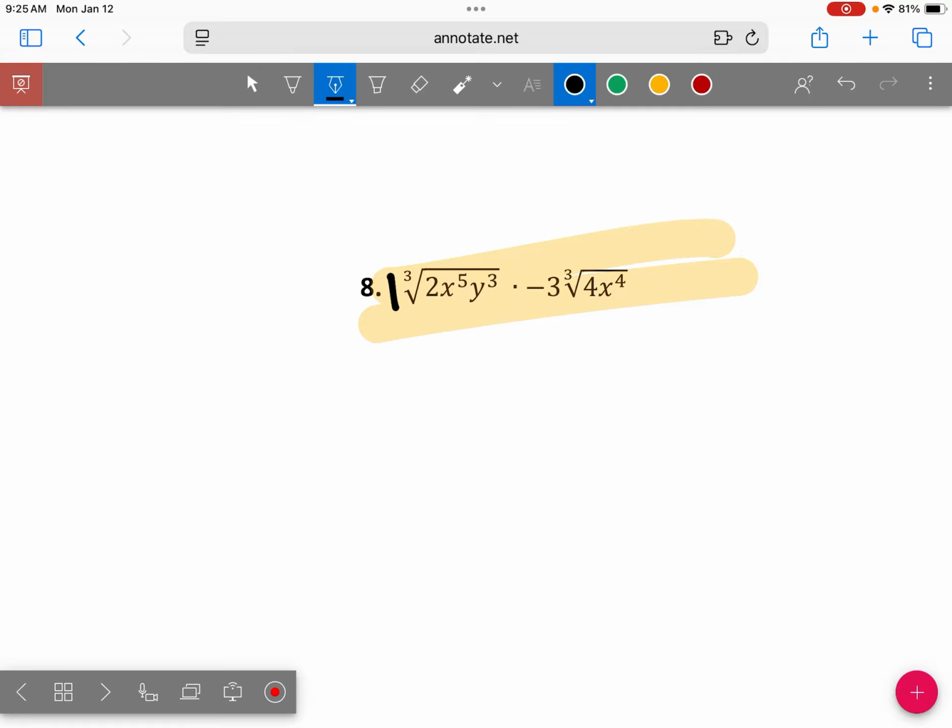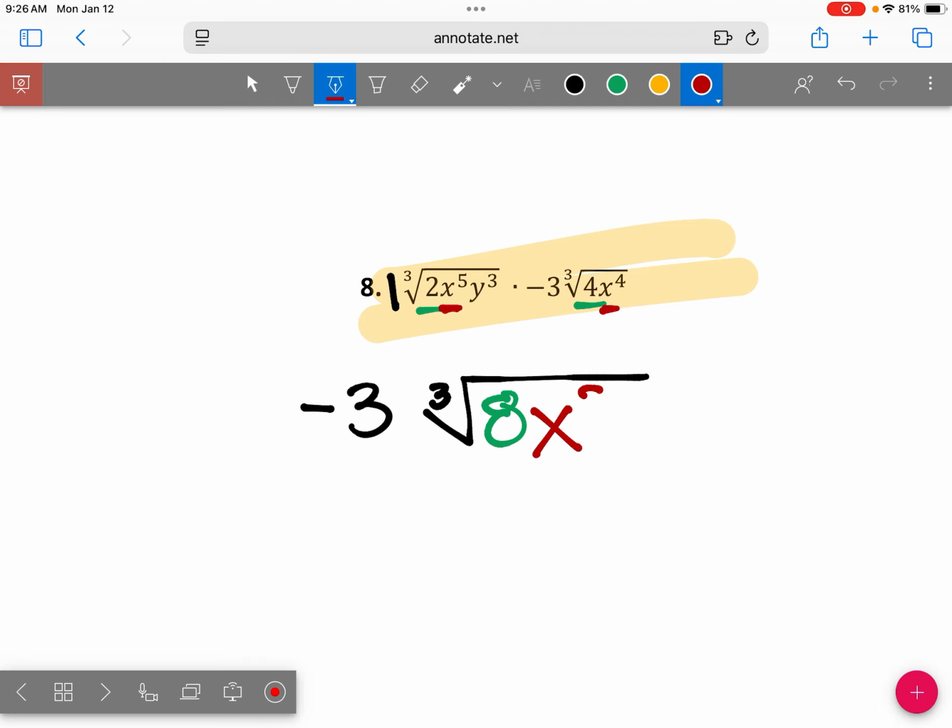So we're going to multiply the 1 times -3, which would be a -3. And then we have a cube root of, we have 2 times 4, which is 8. 5 plus 4, which is 9. Now this time, when you do this one, you won't have anything left over.